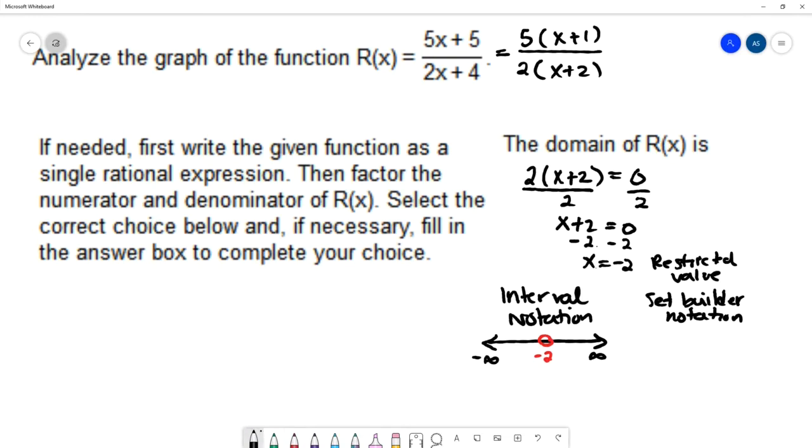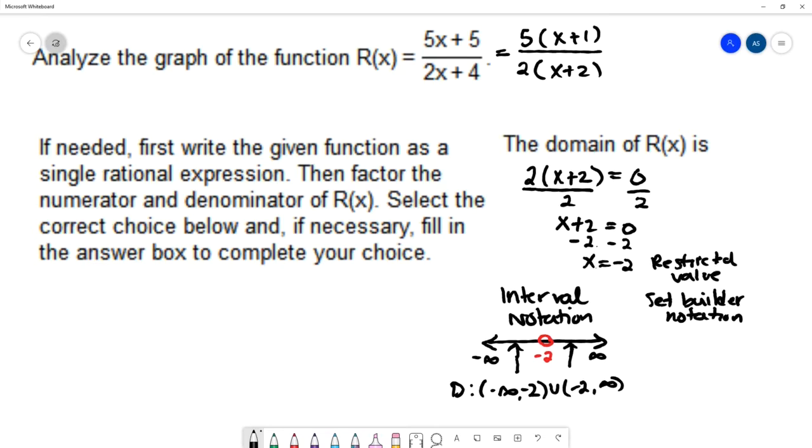We're going to write that in two intervals, the interval to the left of -2 and the interval to the right. The interval to the left would be -infinity to -2. That's all the numbers that are less than -2. And the interval to the right would start with -2 and go to infinity. So this would be writing our domain in interval notation.